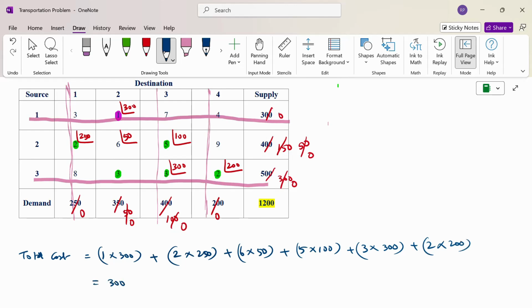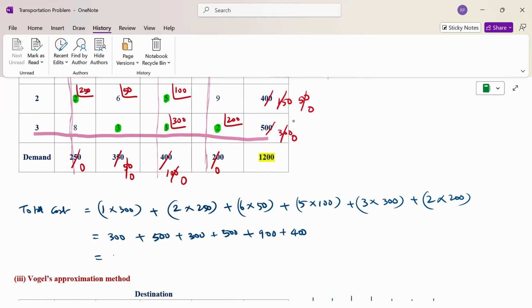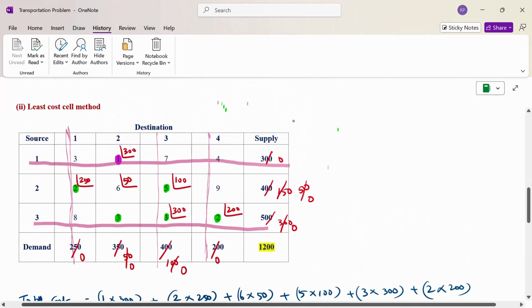Now 300 plus 500, 300, 500, 900, 400. Now the value, rupees 1000, 2900. So it reduced the total cost to 2900. So this is the least cost cell method.